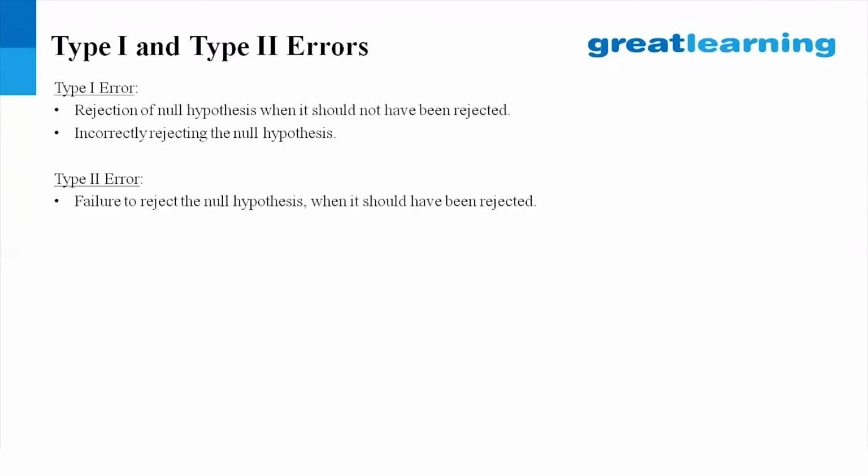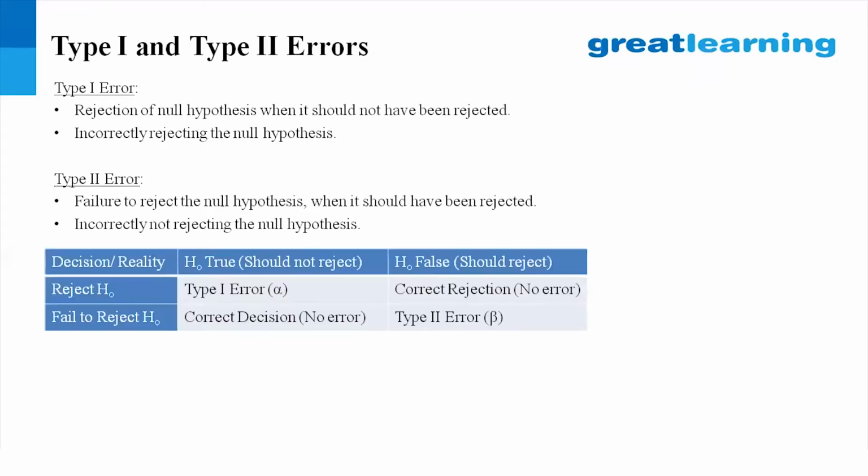So you said that I am failing to reject the null hypothesis, but in actuality it should have been rejected. When you're incorrectly not rejecting the null hypothesis, I'm not calling it that you're incorrectly accepting the null hypothesis. I'm saying that you're incorrectly not rejecting the null hypothesis. It should have been rejected in actuality, but you're not rejecting it because of what you got from your stats. You're failing to reject it, so then you commit a type 2 error.